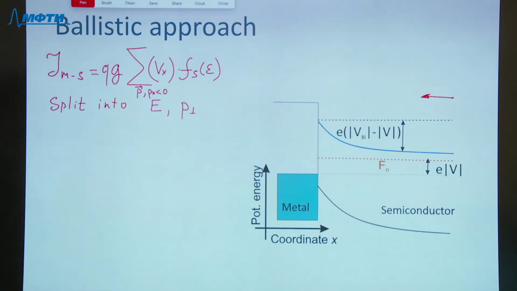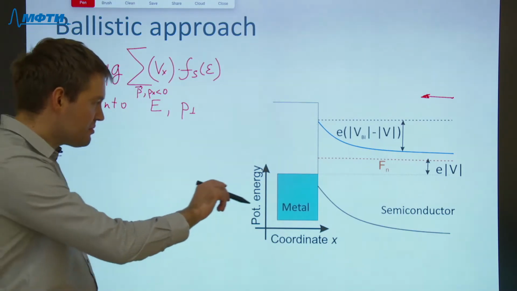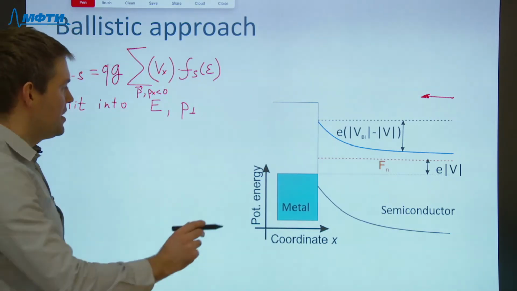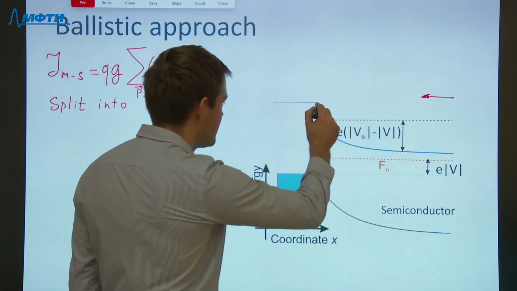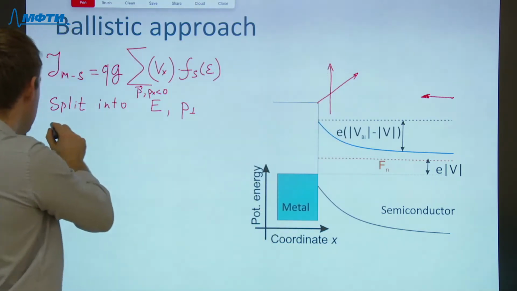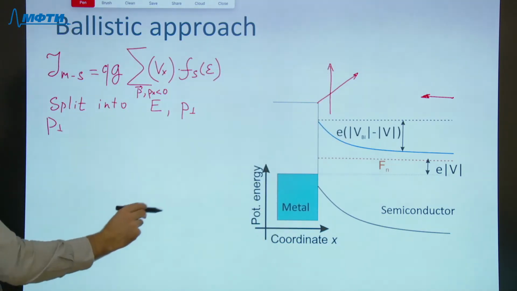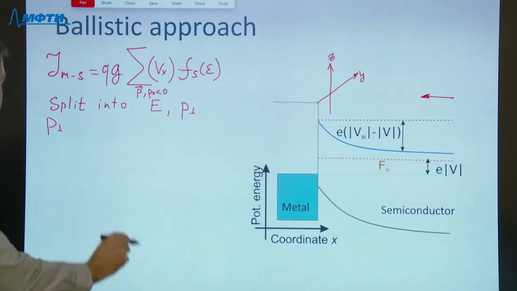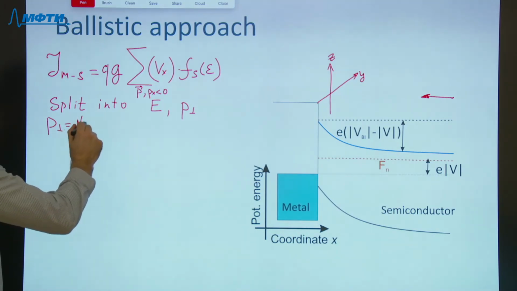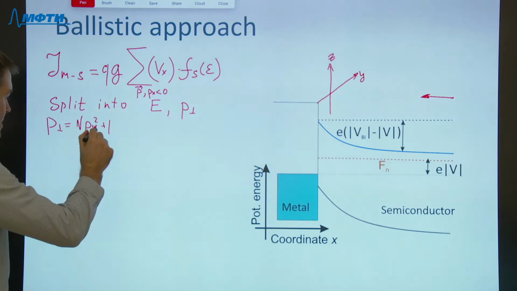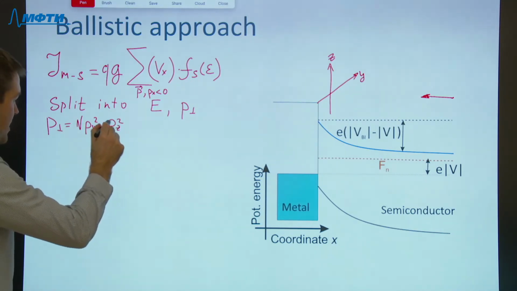Transverse momentum is the momentum directed in the plane of the Schottky junction. So if this coordinate is x, then transverse momentum is the momentum lying in the plane being transverse to x, so in the yz plane, which is the square root of py squared plus pz squared.